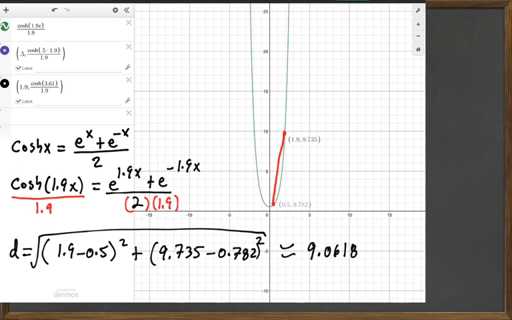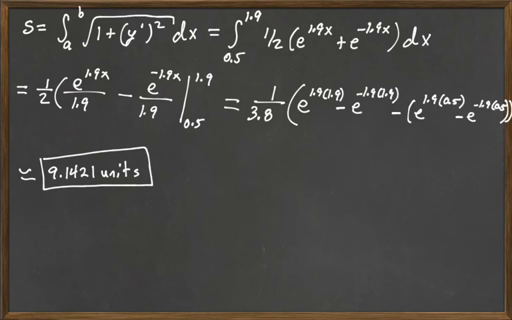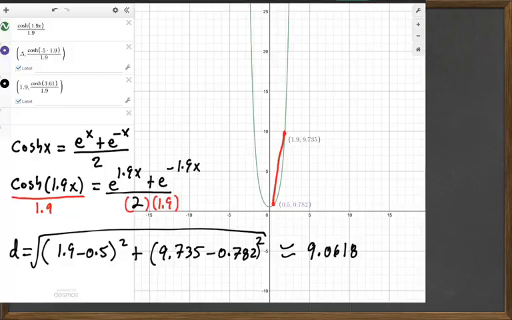And so we have 9.0618 as our guesstimate. The actual was 9.1421, and so it's decently close. As just a means of checking, okay, are we even in the ballpark with our arc length integral, this certainly is a good estimate.